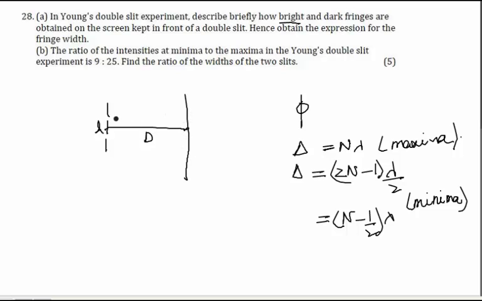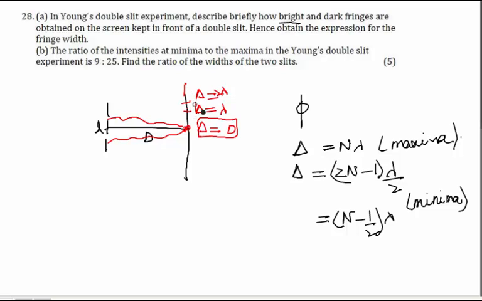Like for example, we can have a qualitative analysis here: this point is equidistant from both the sources. So here the physical path difference delta will be 0, and as we keep moving higher, we'll find a place where delta equals lambda, then a place where delta equals 2 lambda.